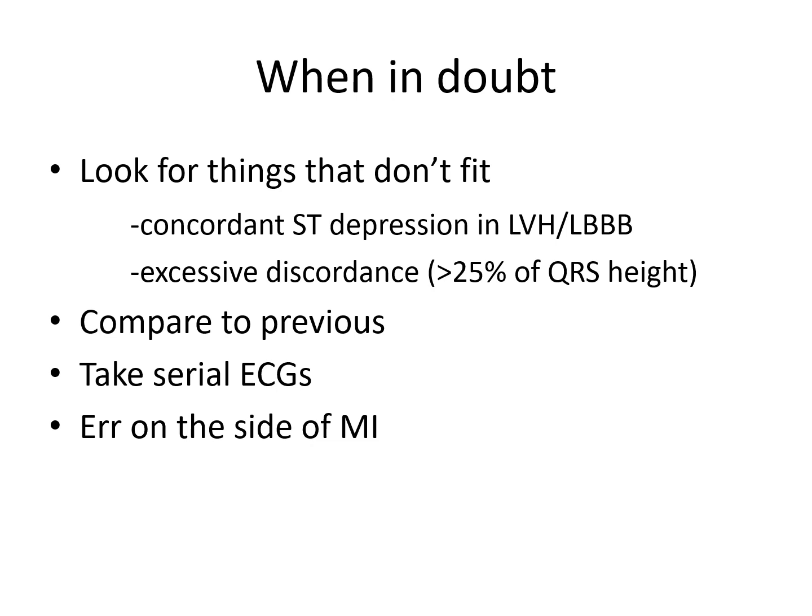So if, for example, you have a left bundle and you have an upright QRS and the ST segment is very, very negative, the cutoff is more than 20% of the height of the QRS, then you can say, okay, this is probably ischemic. Always, if available, compare to previous, take serial EKGs, and when in doubt, err on the side of the more lethal diagnosis.